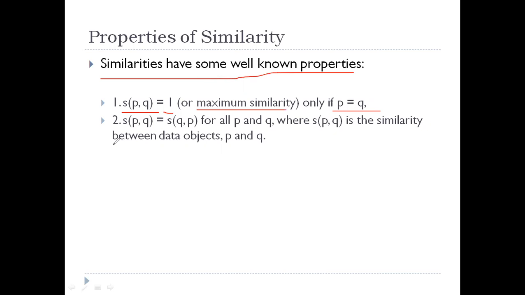The second property of similarity is S of P comma Q equals S of Q comma P for all P and Q, where S of P comma Q is the similarity between two objects P and Q. Q comma P is also a similarity between two objects. These are the two properties of similarity.